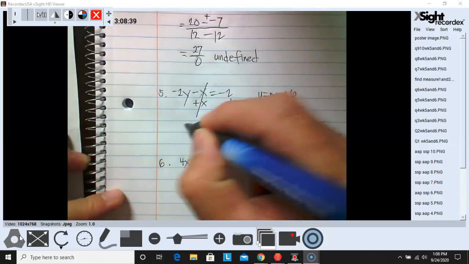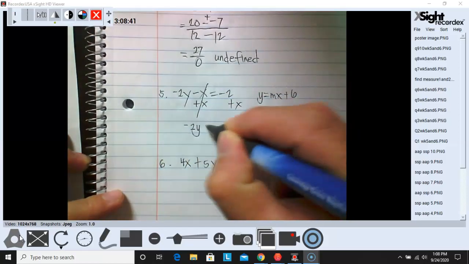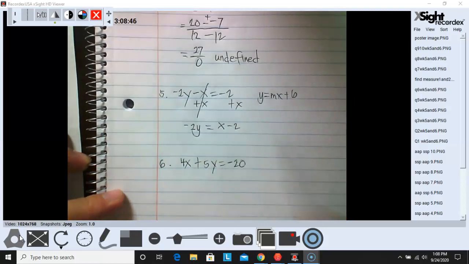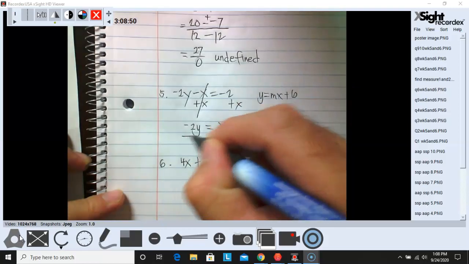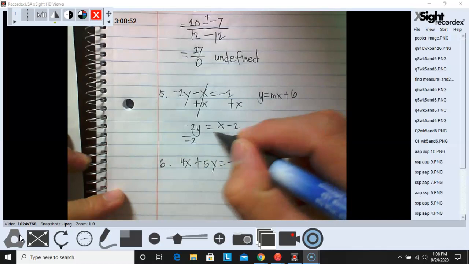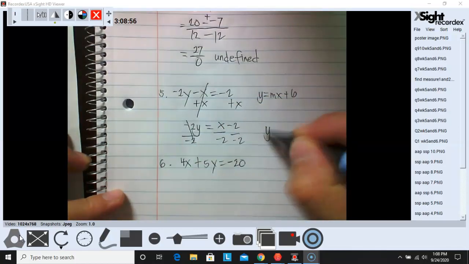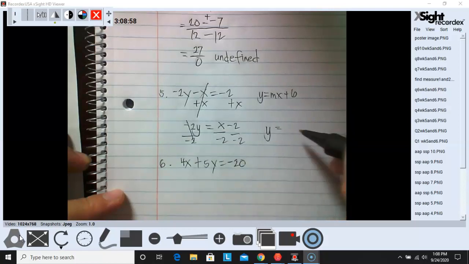What's left here is negative 2y. We'll arrange it this way, the letter first and then the number. Since we still have a negative 2 here, we're going to divide by negative 2 on both sides. Therefore, our equation is negative 1/2 x plus 1.